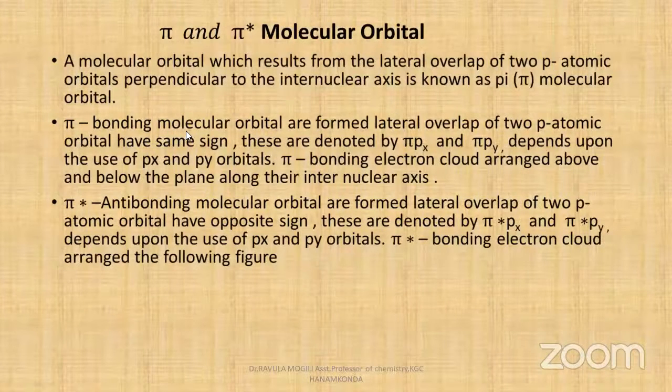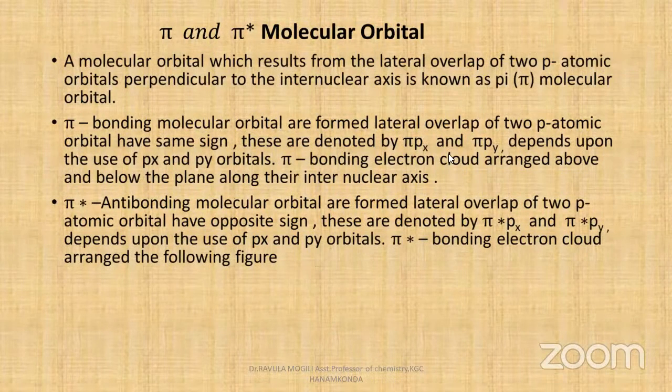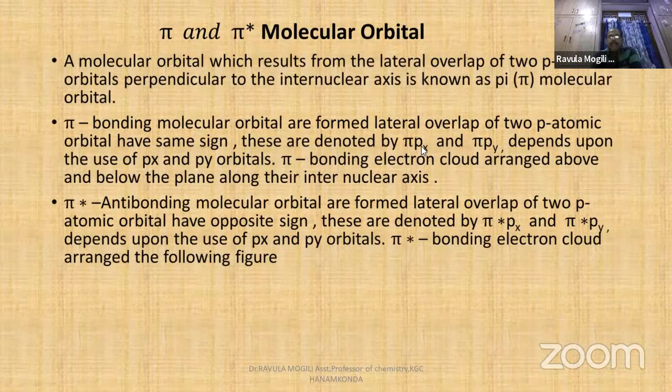Pi bonding molecular orbitals are formed by lateral overlap of 2p atomic orbitals having the same sign, denoted by pi 2px and pi 2py, depending upon the use of px and py orbitals. The pi bonding electron cloud is arranged above and below the plane.